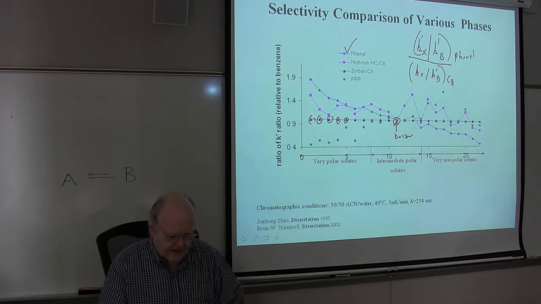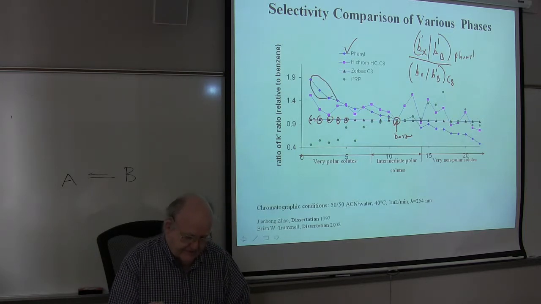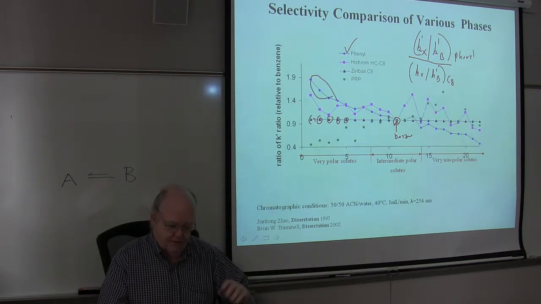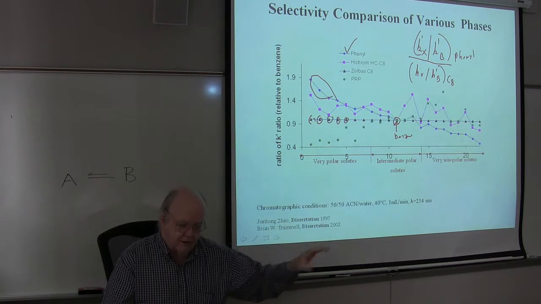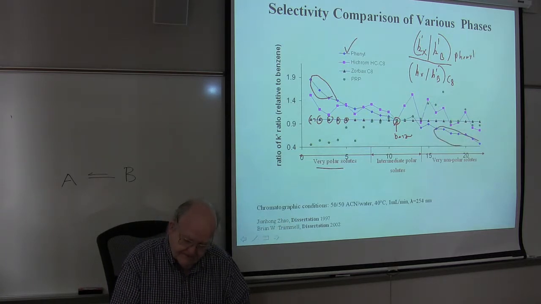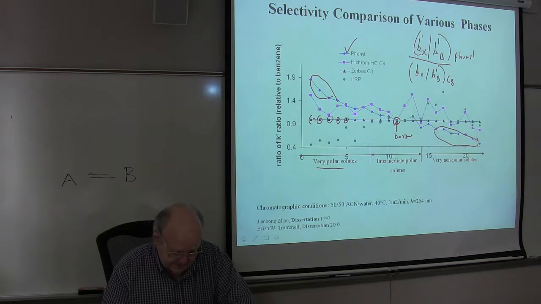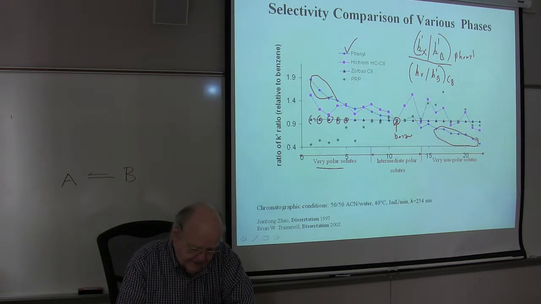So what we're actually seeing here is that a phenyl phase, this guy, is really rather different, both for very polar solutes, which are all down here, and very different for very non-polar solutes, which are way down there. And the high chrome HCC8 phase, even though it's a C8 phase, is very different than the Zorbax C8 phase.